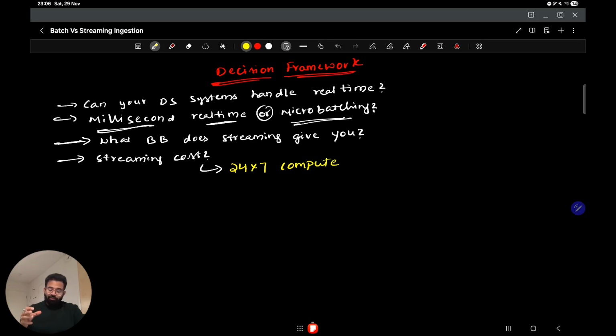So you should have your compute on 24/7, okay? And you should have nice monitoring capabilities, and a failover strategy. In case some systems are failing, how would you want to handle the missing events, the idempotency, and the ordering, and all those things?